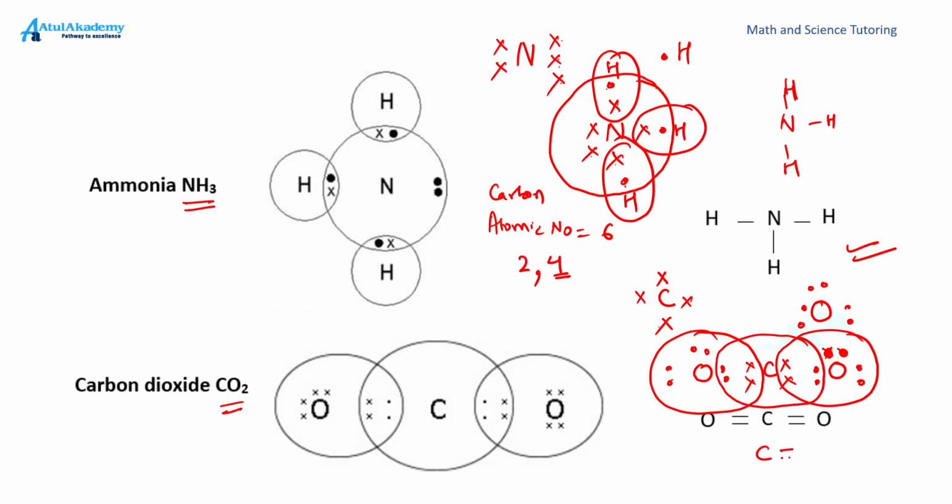So we have double bond. How is the double bond being formed? We see 2 pairs of electrons are being formed over here. We see 2 pairs of electrons are being formed over here. So in carbon dioxide, there is a double bond between carbon and oxygen while sharing the electrons. So this was the electron dot structure of carbon dioxide.